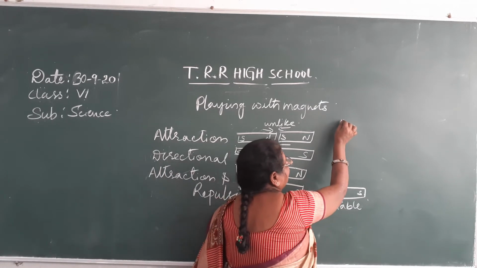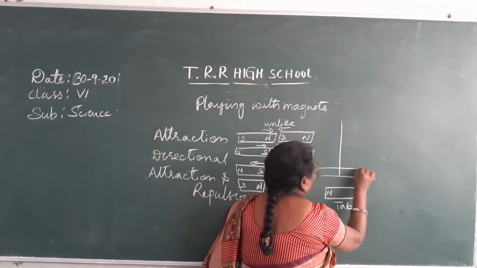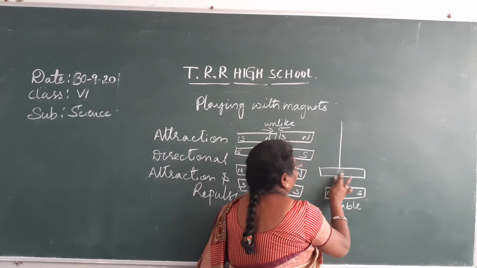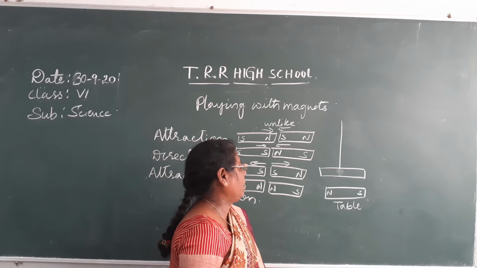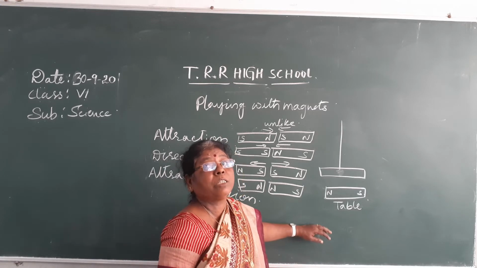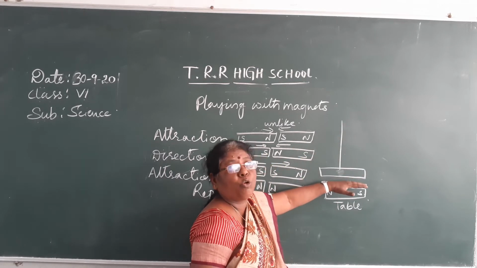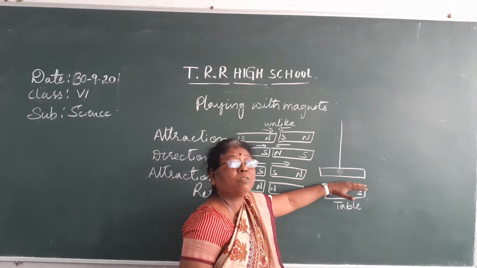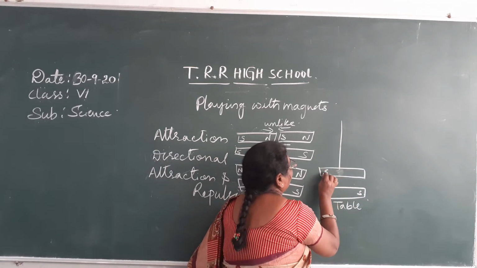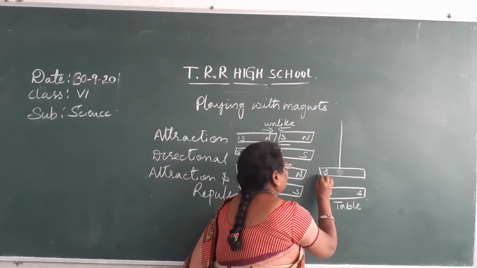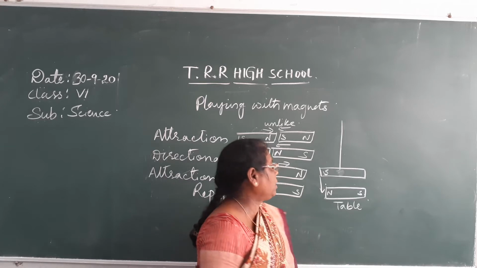Now take another magnet, tie it with a thread and suspend it over the magnet which is placed on the table. Now when you bring the suspended magnet close to the bar magnet placed on the table, it moves. The south pole of the suspended magnet points towards the north pole of the bar magnet on the table.